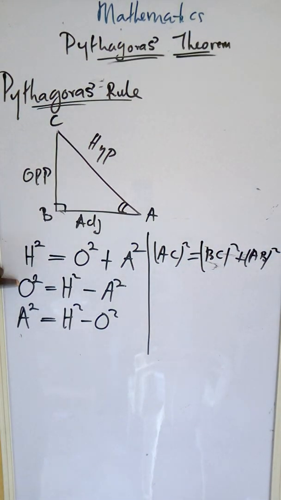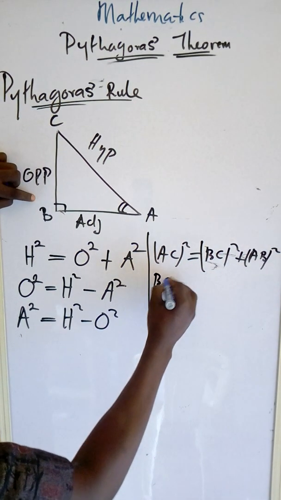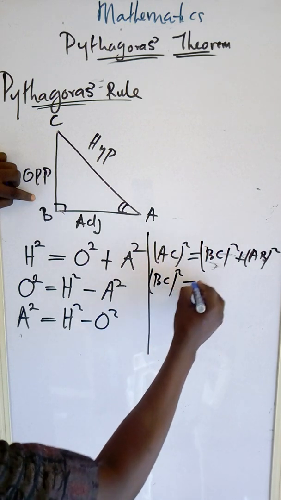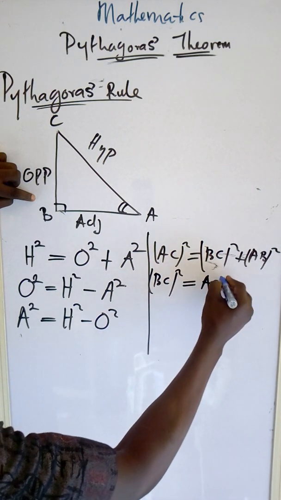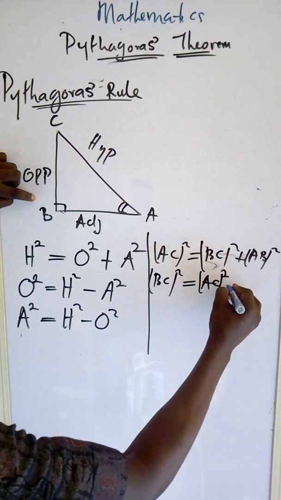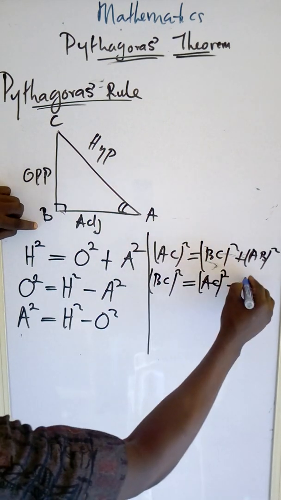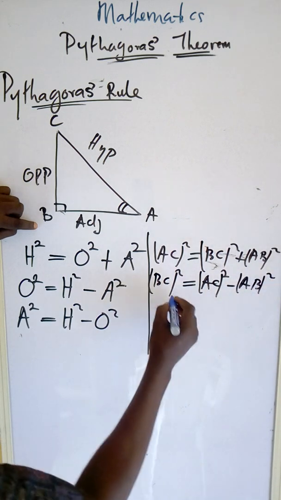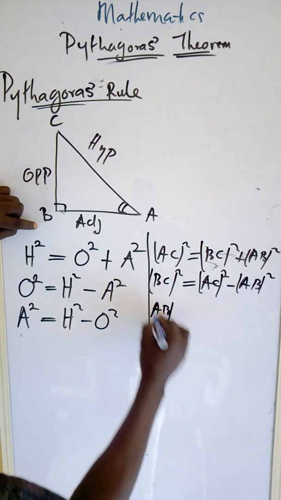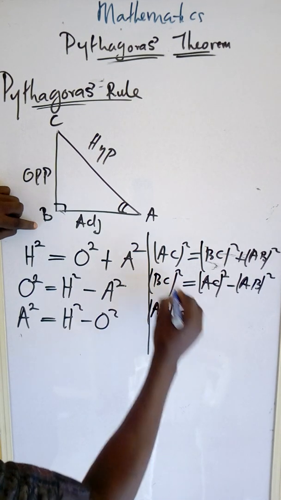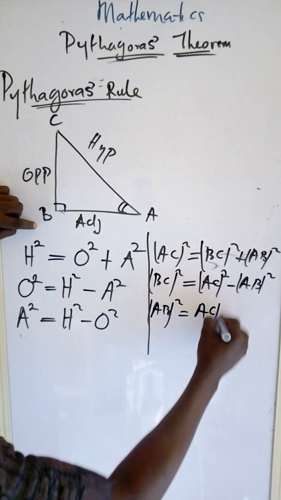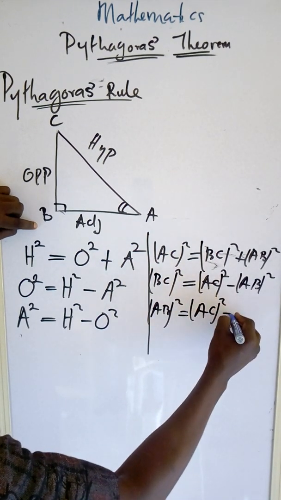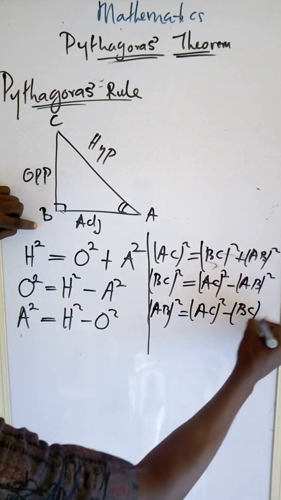That means our opposite squared, BC squared, equals AC squared, our hypotenuse, minus adjacent squared, AB squared. To get AB squared equals hypotenuse AC squared minus BC squared.